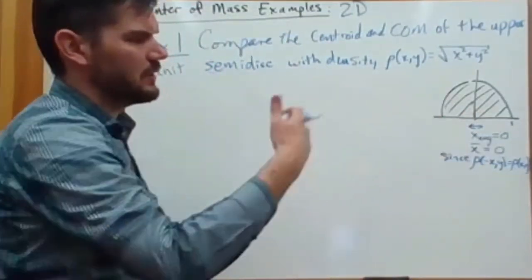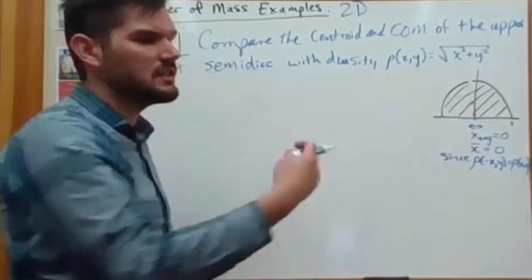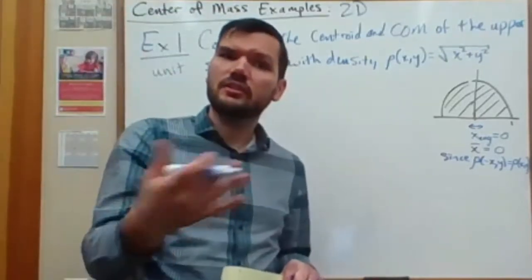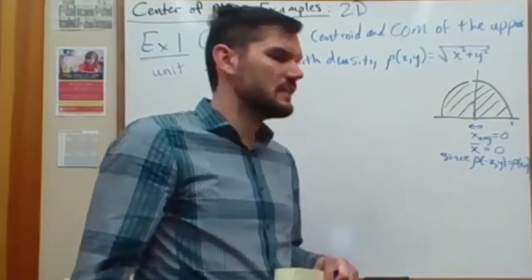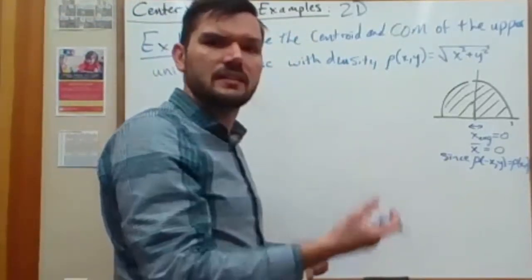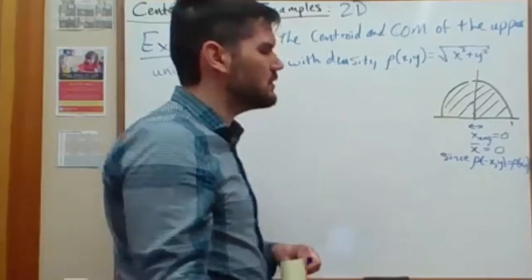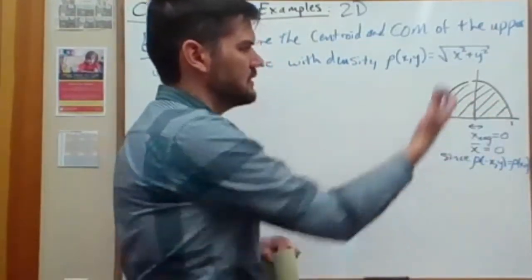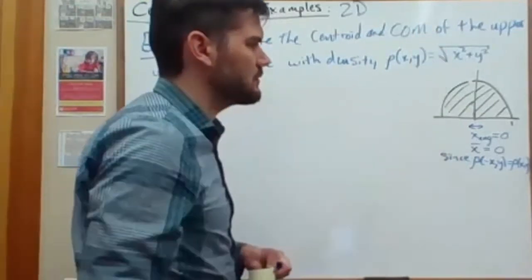It is symmetric, an even symmetry on both sides. If the density is constant in a certain direction, that's also even. If you change the x to a negative x and the density function does not change, that means you have even symmetry in that direction or across the perpendicular axis.